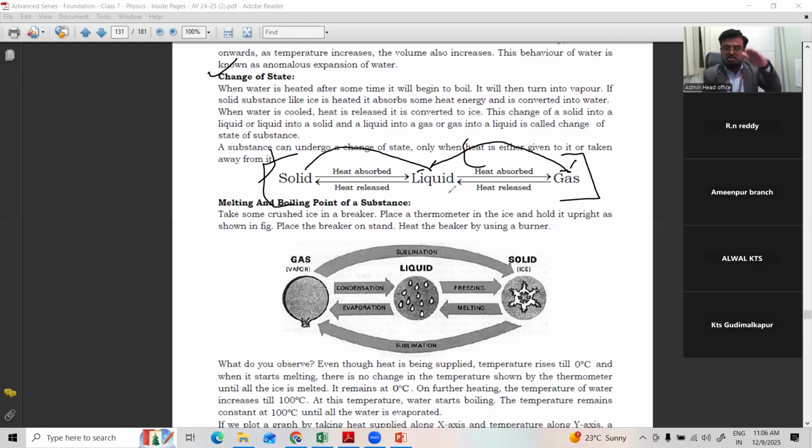Gas into liquid is just condensation. When heat is released again, liquid becomes solid, that is, ice we keep in the refrigerator. So by absorption of heat, solid is converted into liquid, and liquid into gas. By release of heat, gas is converted into liquid and liquid into solid. These are the 2 ways the state of matter can be converted from one form to another, which is called change of state.